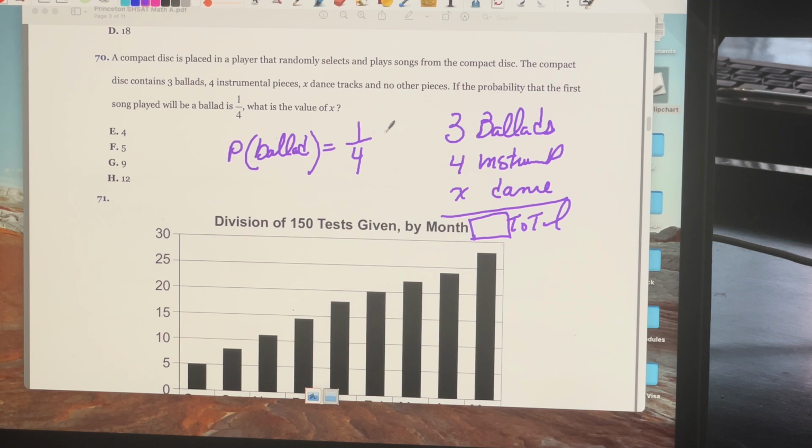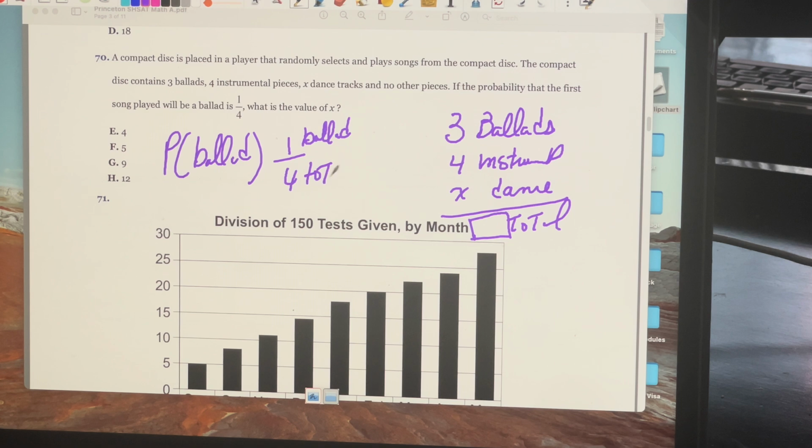Well, we can set up a proportion, right? Ballads is 3. They tell us that the probability of getting a ballad is 1/4. Now, 1 represents the ballad, right? And 4 represents the total.